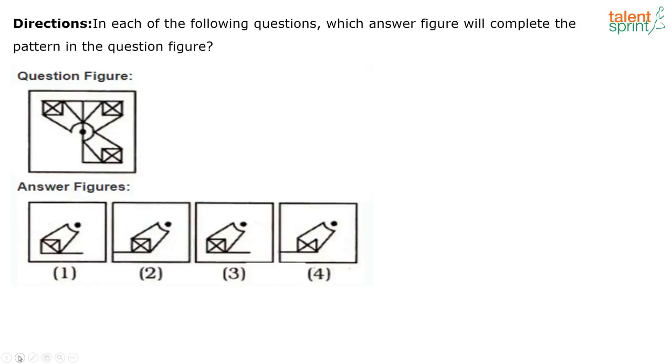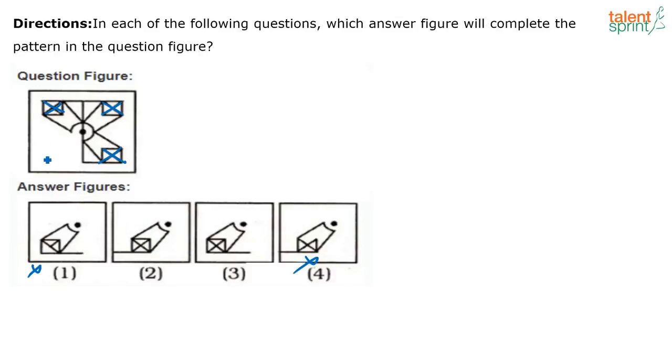Next one. In each of the following questions, which answer figure will complete the pattern in the question figure? Again, a very easy question. So which is the answer? See, very clearly if you look at the squares, there is a cross like this in each of the squares. So this option is not going to be correct. This option is also not going to be correct. You are left with these two options.